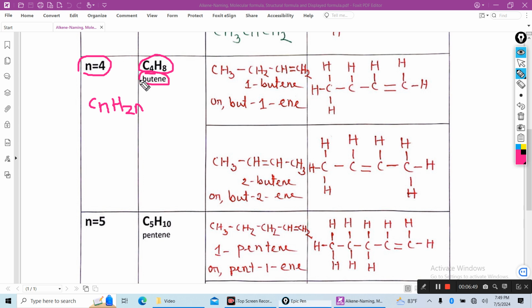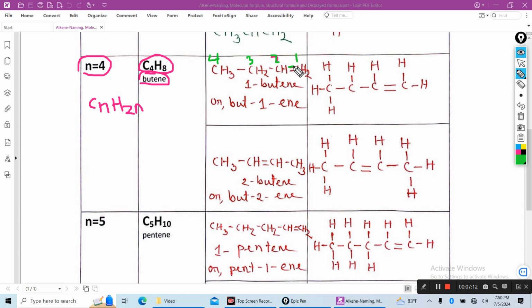This 4 carbon containing alkene will be butene. So butene has 4 carbon, 1, 2, 3, 4.